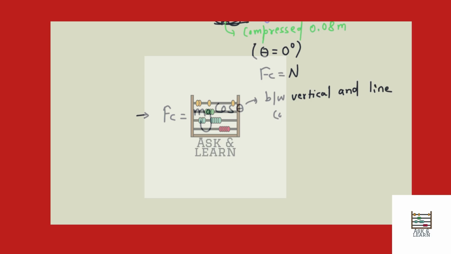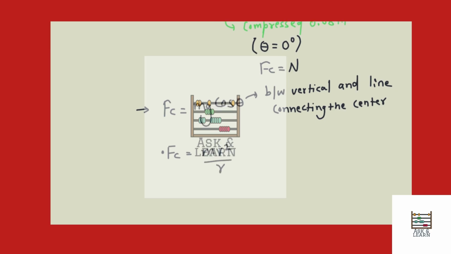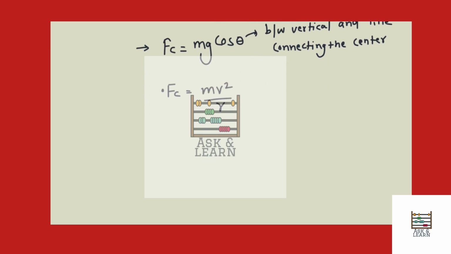We can also use the equation of centripetal force, Fc is equal to mv squared by r, which is the formula for centripetal force, where v is the velocity and r is the radius of curvature.